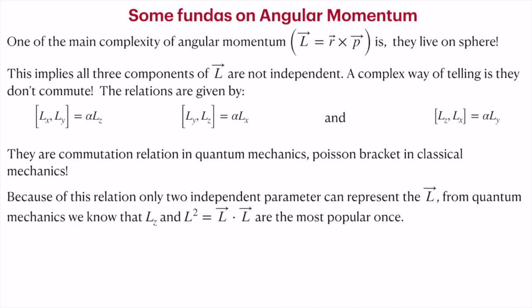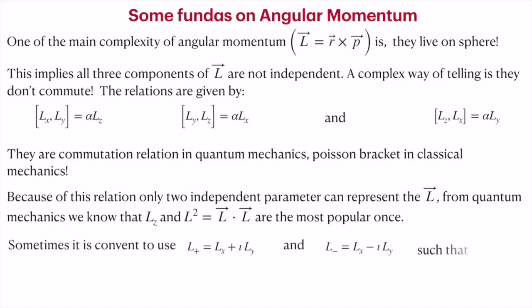We have seen in quantum mechanics the good quantum numbers. One of the good quantum numbers is Lz, which is easily translatable from Cartesian to polar coordinate. Other thing is that when we have an azimuthally symmetric system, then Lz is conserved. So that's why Lz is one of the better quantum numbers, and the other quantum number is L square. We don't take Lx or Ly.